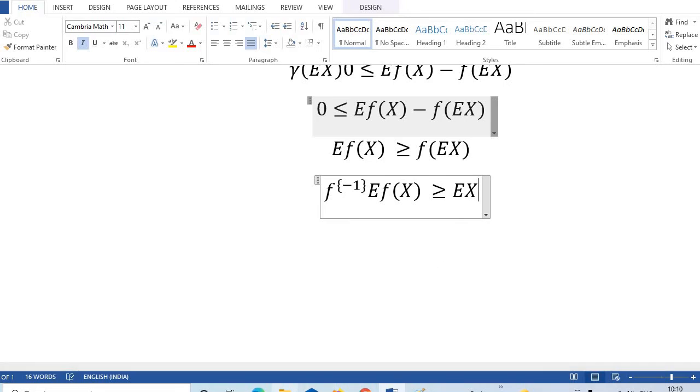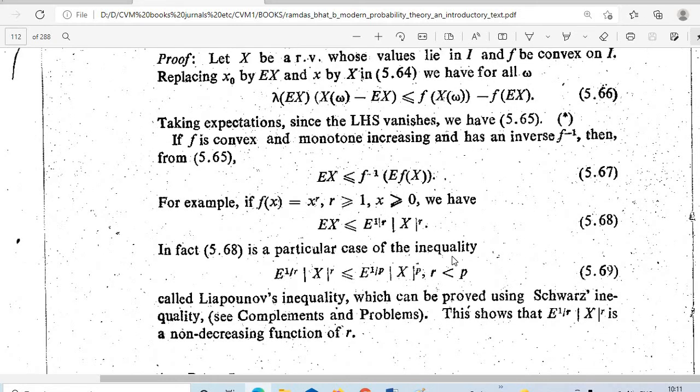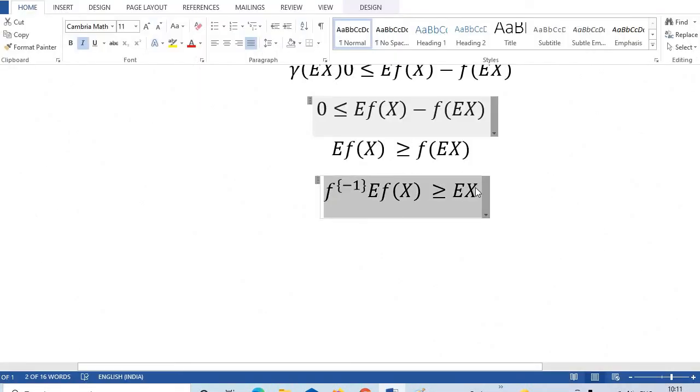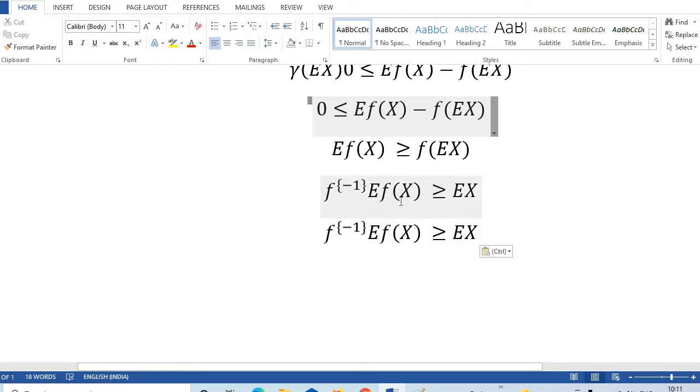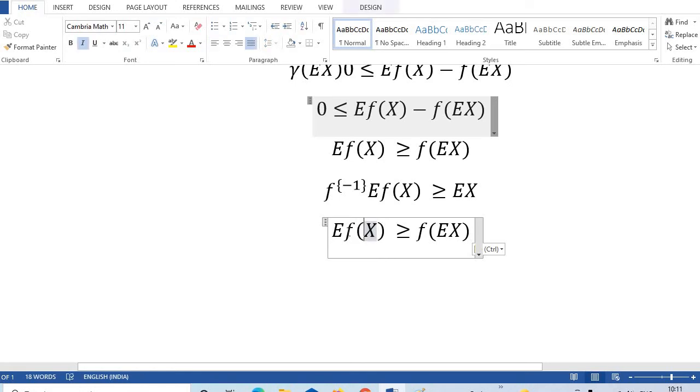Take f of x as x raised to r, then expectation of x is less than or equal to what? X raised to r. What is f of x? If it was x, it was x raised to r.